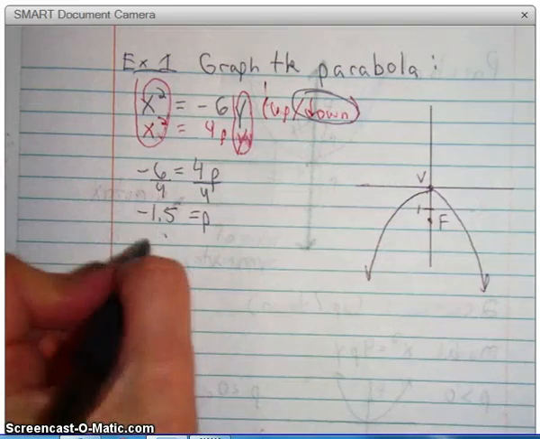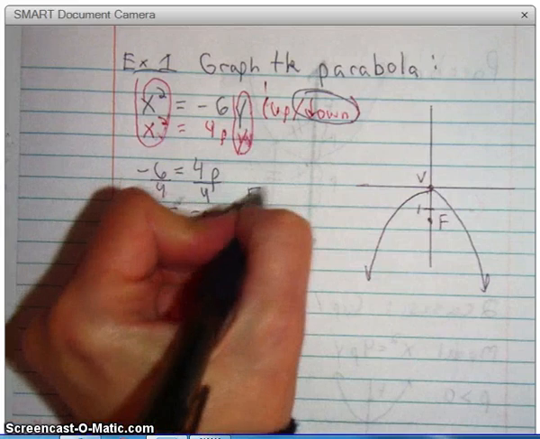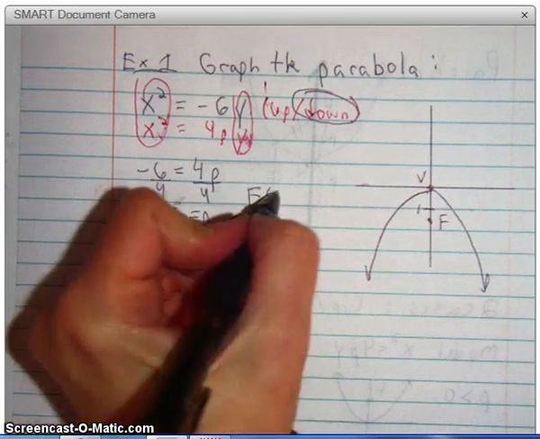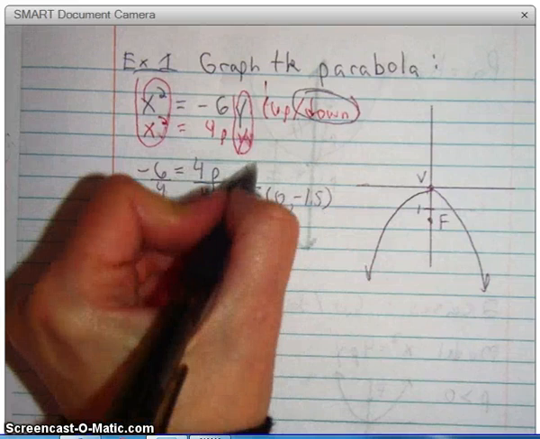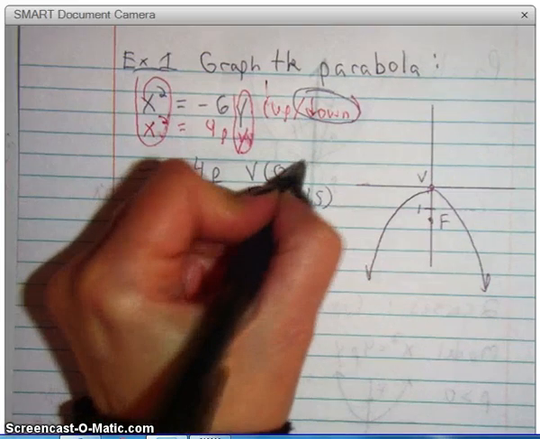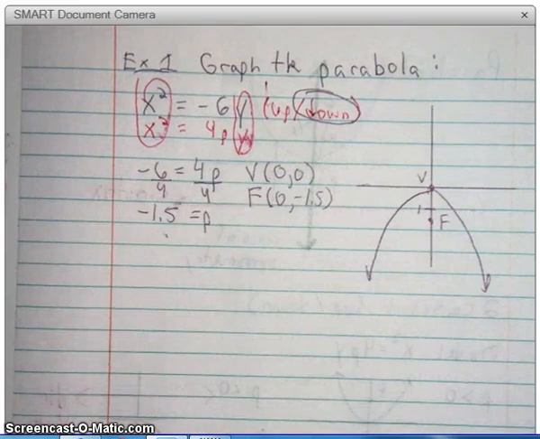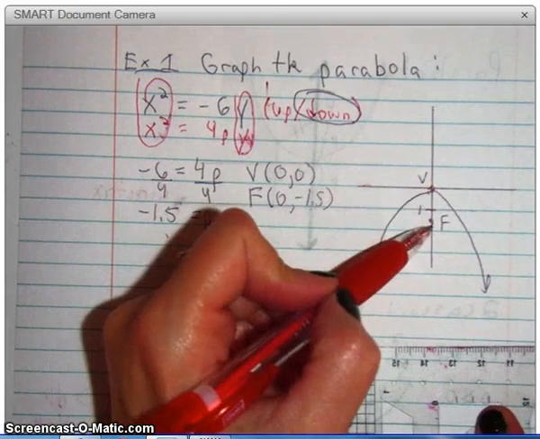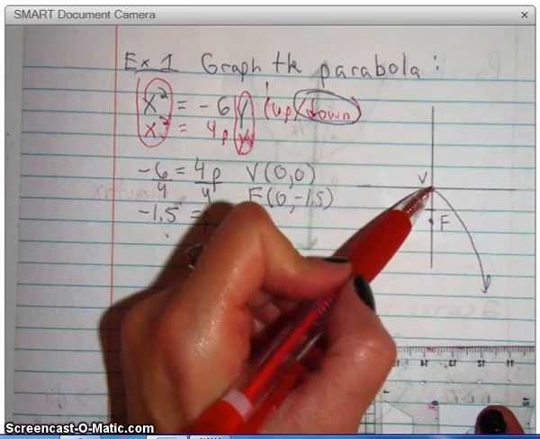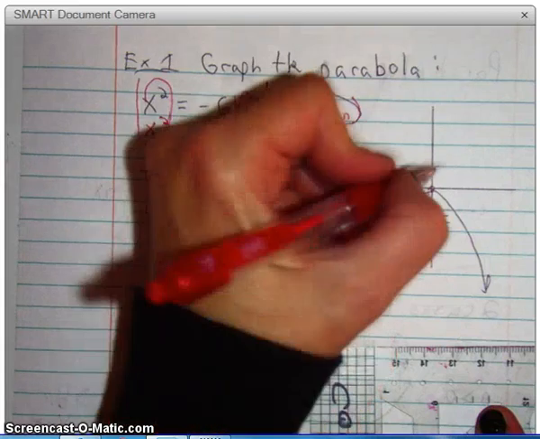So in the margin, I need focus. Is that over 0, down 1.5. I need vertex, 0, 0. And last thing I need is the equation of the directrix. So if I have to go down 1.5 to the focus, which way do I have to go 1.5 to get to the directrix? Up 1.5.